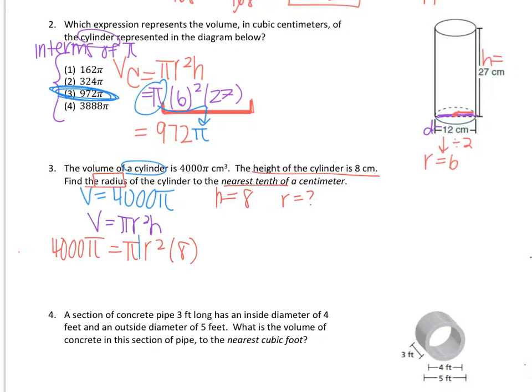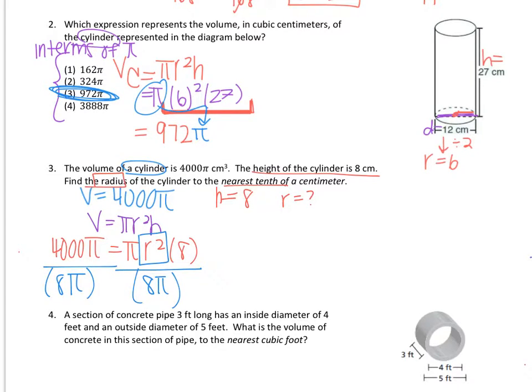Now our goal is to get this r squared by itself, which means we have to get rid of pi and we have to get rid of 8. Currently, both of them are being multiplied by radius squared. So to undo multiplication, we use division. And remember when I said that we're doing division with more than one thing, especially a pi, it needs to go in parentheses.